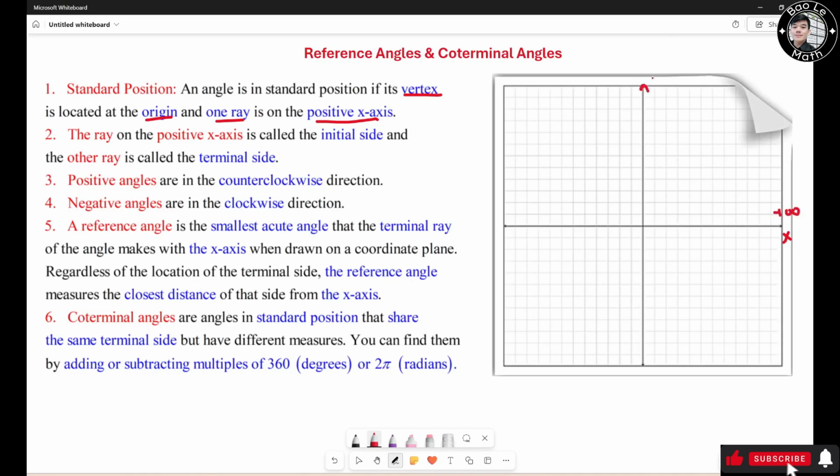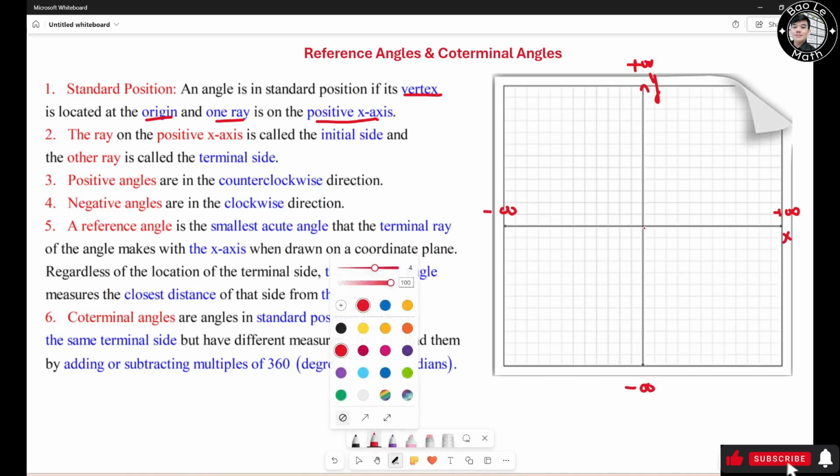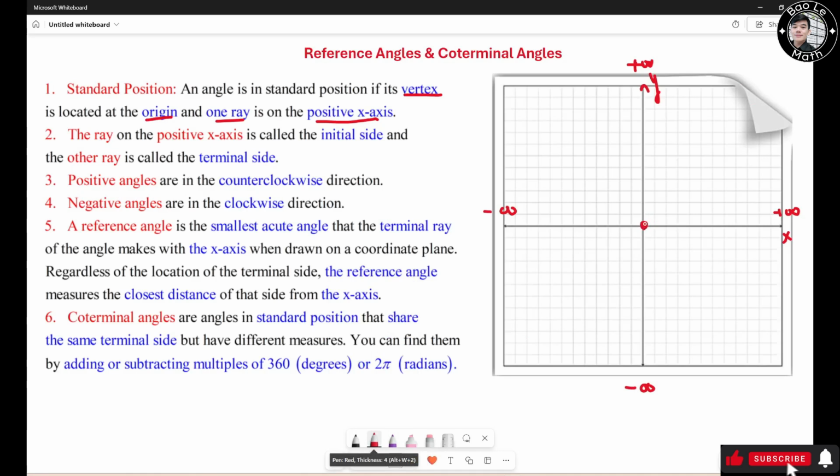This is the y-axis and positive infinity. This is negative infinity and this is negative infinity. Alright, so keep in mind the initial ray is always on the positive x-axis, right? So this is called the initial ray.